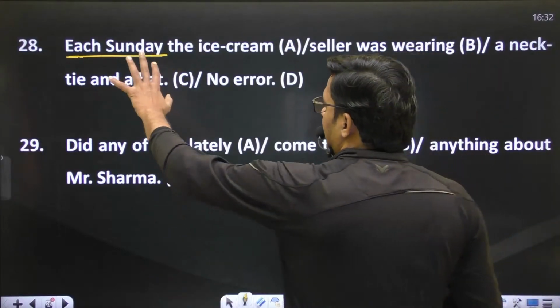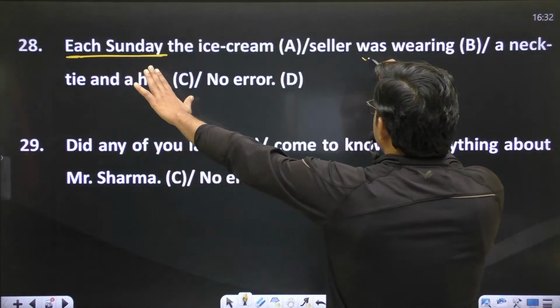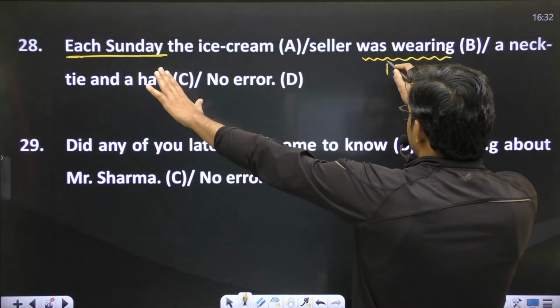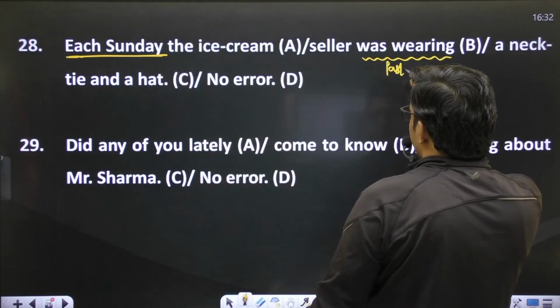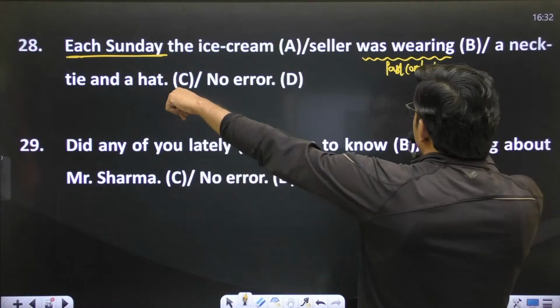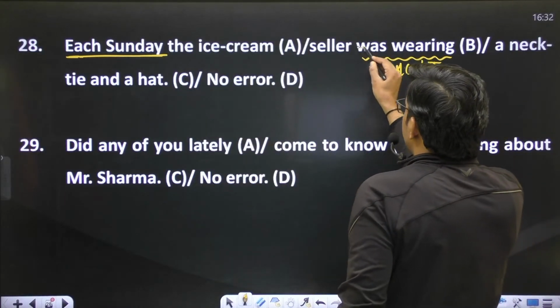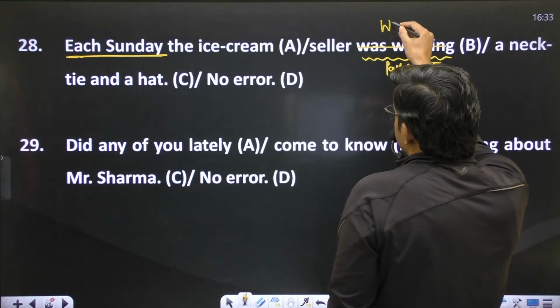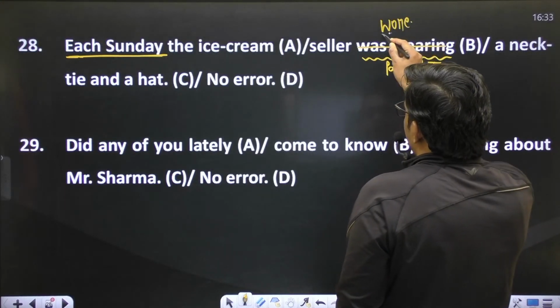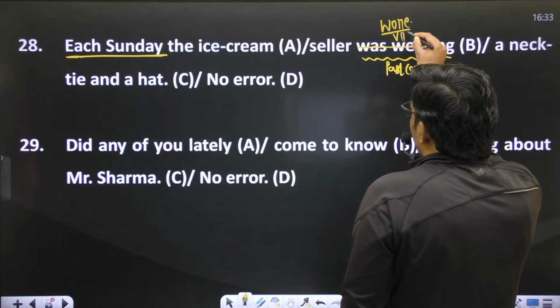If you observe the sentence, you are getting a past continuous tense. But this word each Sunday demands indefinite. So in place of past continuous, we use past indefinite.